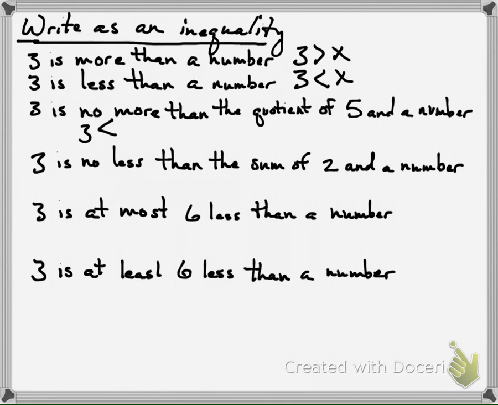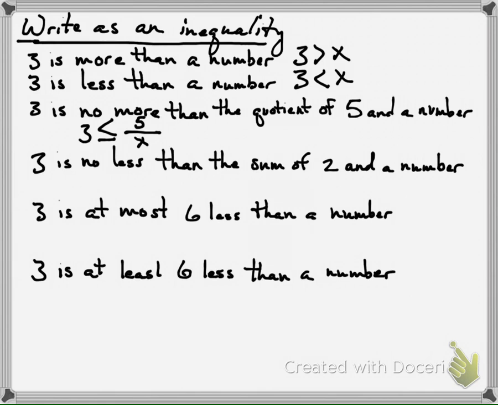Well, yeah, that would be no more than. It could be equal to that as long as it's not more than. So that's going to be less than or equal to. The quotient, okay, quotient, that means divide. So I'm going to put a little division line there. 5 and a number. So 5 on top, x on bottom.